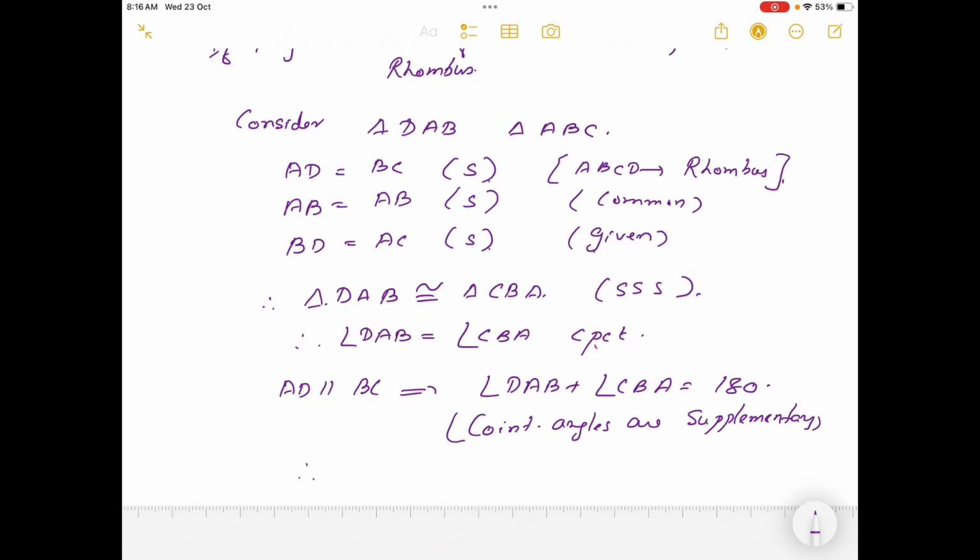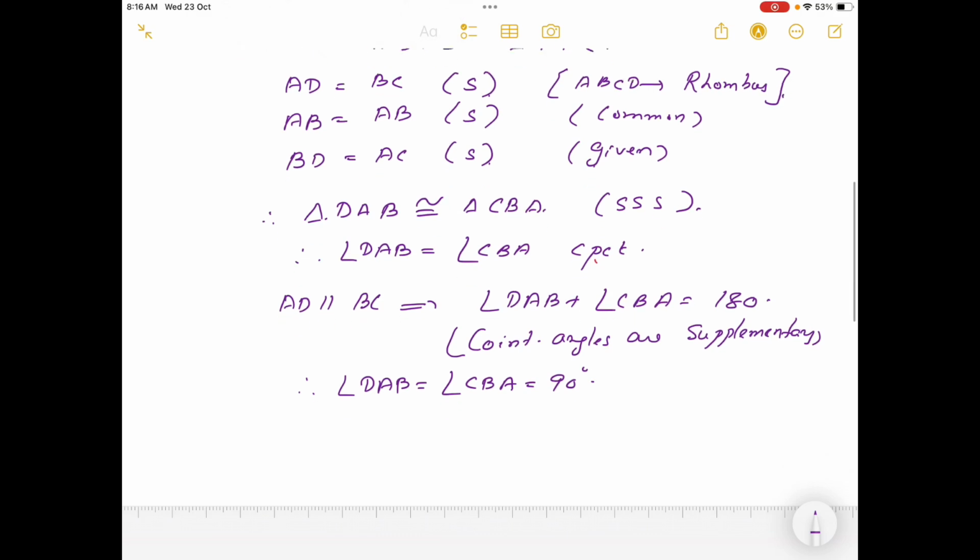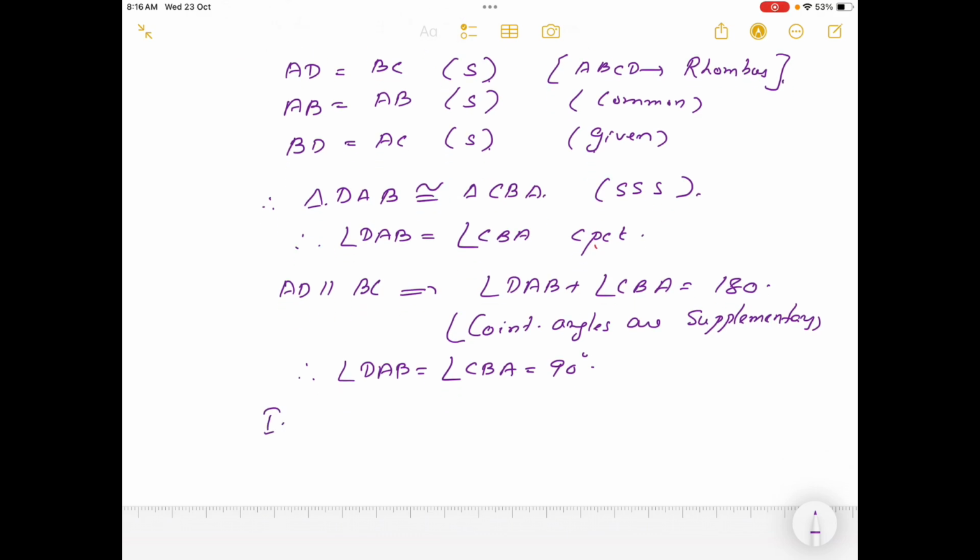Therefore, angle DAB equals angle CBA equals 90 degrees. So in a rhombus, if one angle is 90, all the angles will be 90, therefore, it is a square.